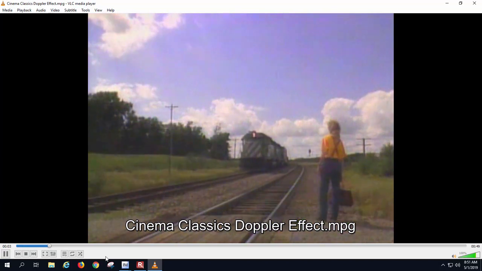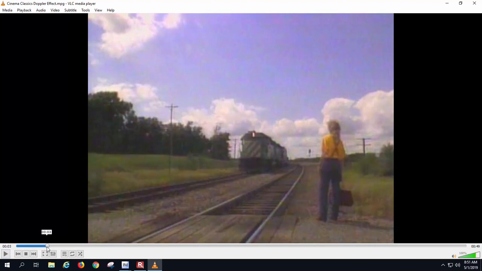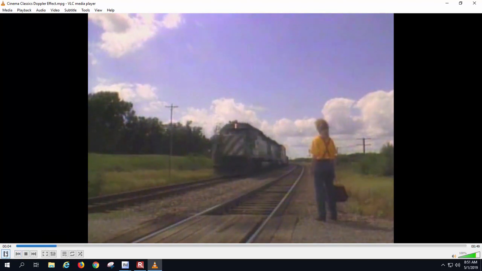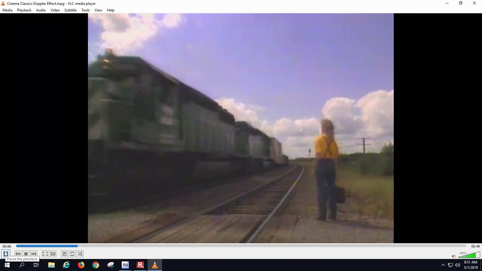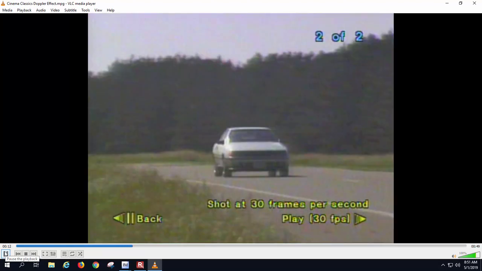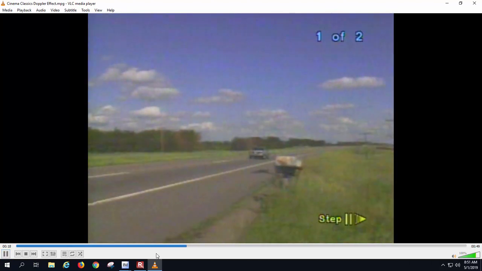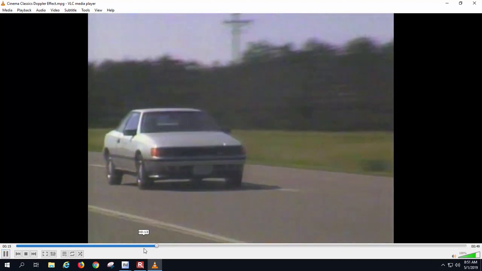So you'll hear this difference for sure. Listen to this train right before it passes and after it passes. You definitely hear a shift in frequency there.